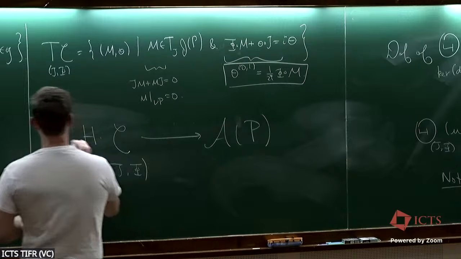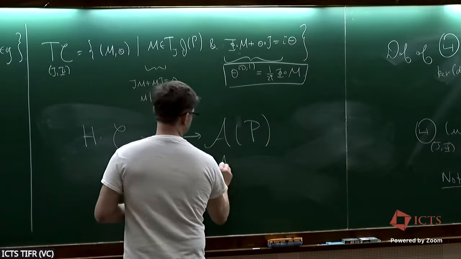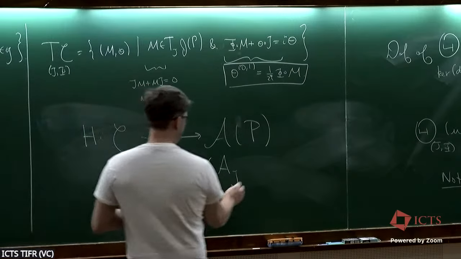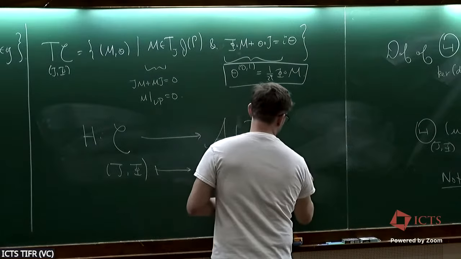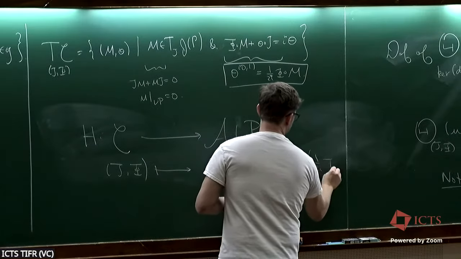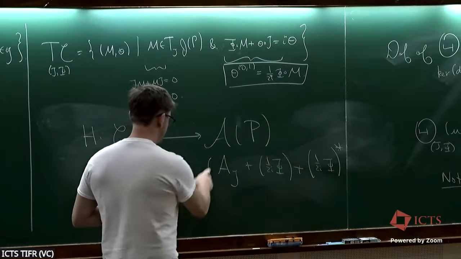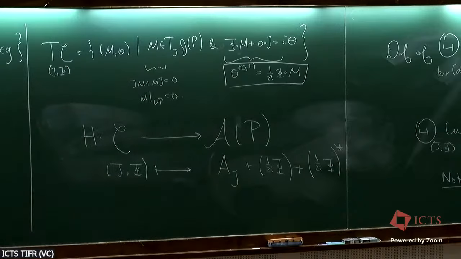I've fixed my background reduction, so I'll take it to the Chern connection of J plus 1 over 2i phi plus 1 over 2i phi star. Okay, here's our last factor of 1 over 2i, but it's there to compensate the other two, or well, at least the second one.